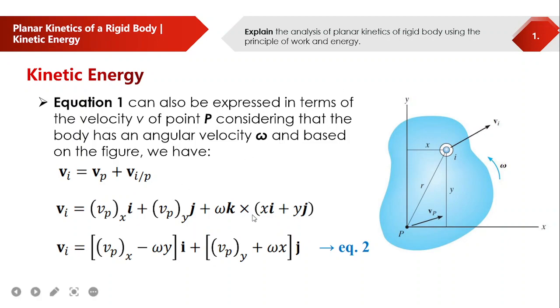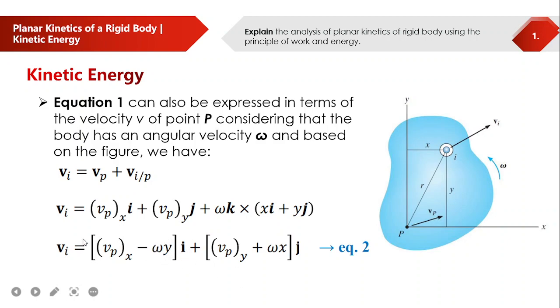So that will be negative omega y i. Then we group the i and the j.